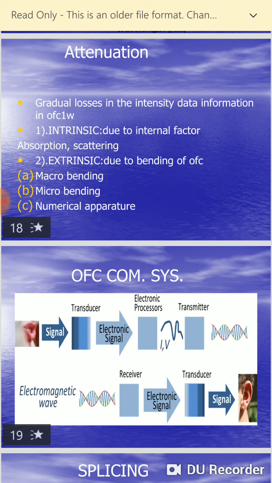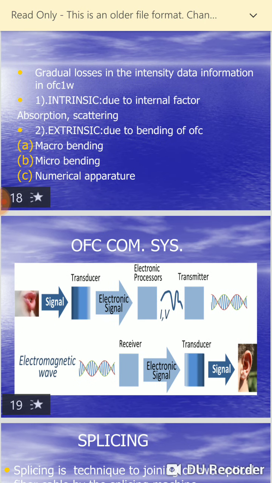So in this diagram it is shown as a generalized diagram, but if we see a particular optical communication system, the blocks will be: the signal is first given to the transducer. Transducer will convert it in the form of electrical signal. Electrical signal is given to the optical source. Optical source will convert the electrical signal in the form of equivalent light.